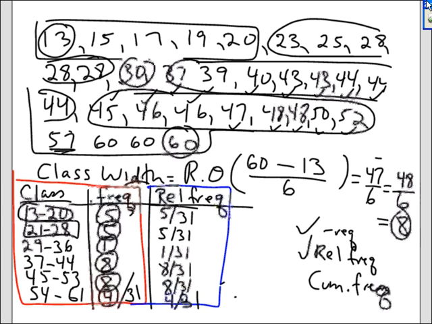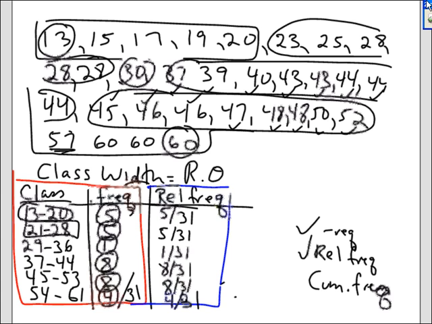Okay, so now we want to have a cumulative frequency table. Now, if you wanted to just do a cumulative frequency table, you wouldn't include what's in the blue. You wouldn't do the relative frequency. Cumulative frequency.